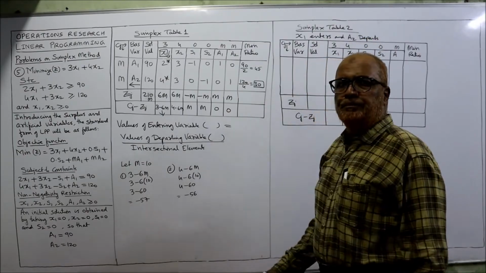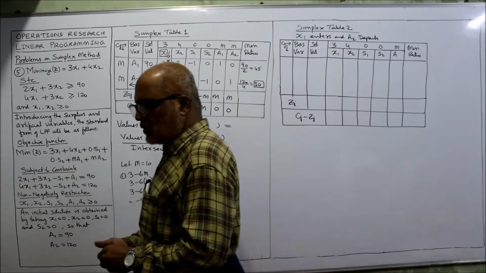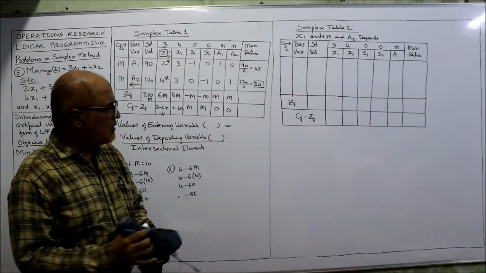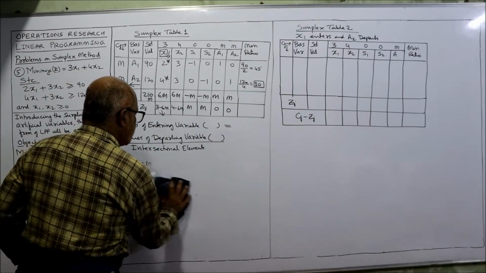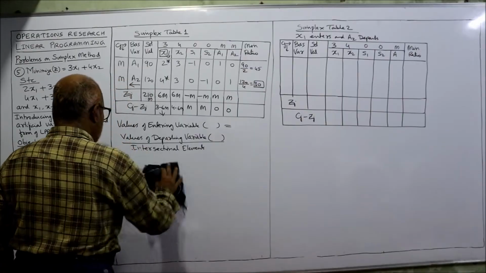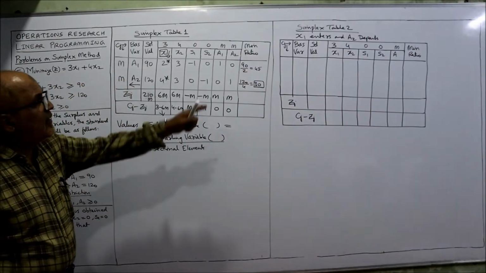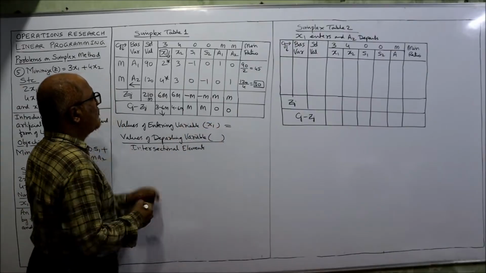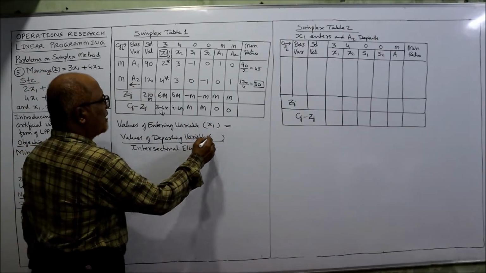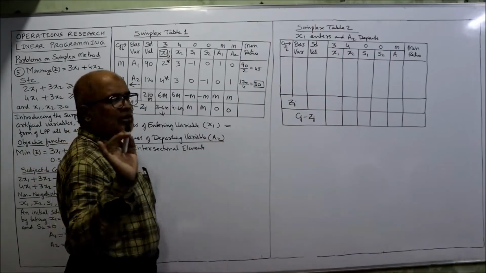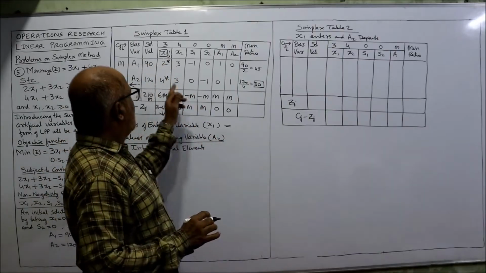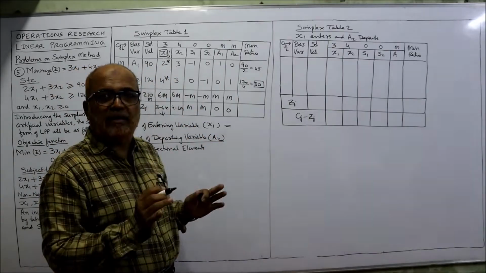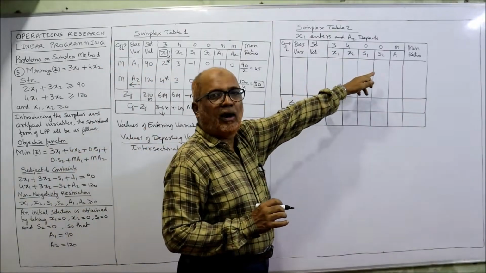That's all. Now we need to calculate the values of the entering variable. Entering variable is x1. So x1 takes the values of the departing variable, A2. And one more thing you note down: when an artificial variable is departed, that column we don't require.